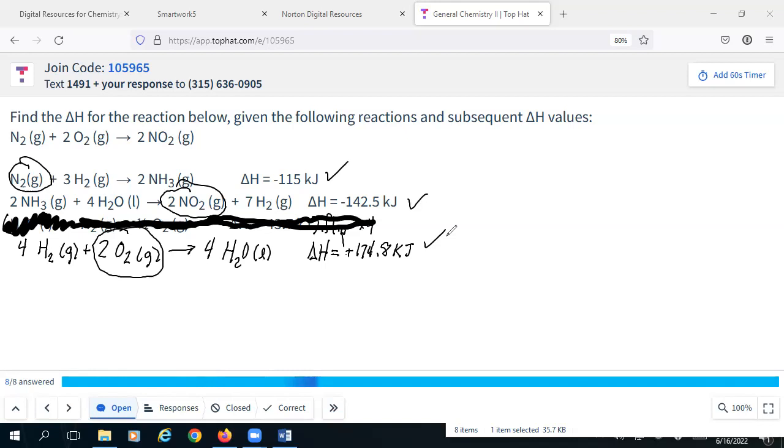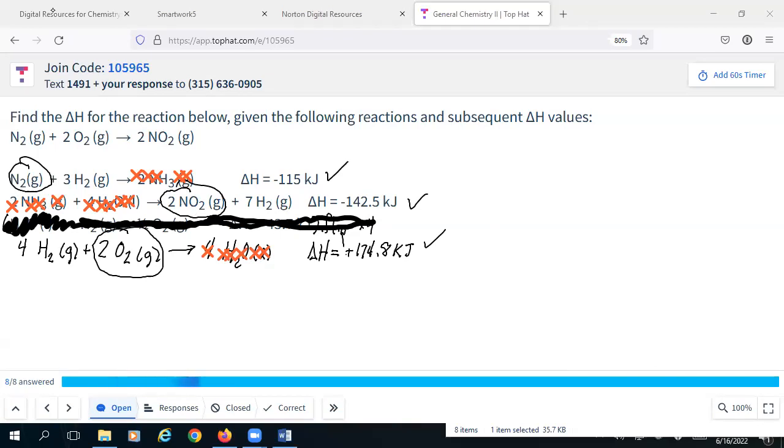So what should happen is if I've got everything arranged, I should be able to start crossing out the things that are in common. So I can see that I've got 2 ammonia on the left-hand side and 2 on the right. So they're going to cancel out. I've got 4 waters here and 4 here.